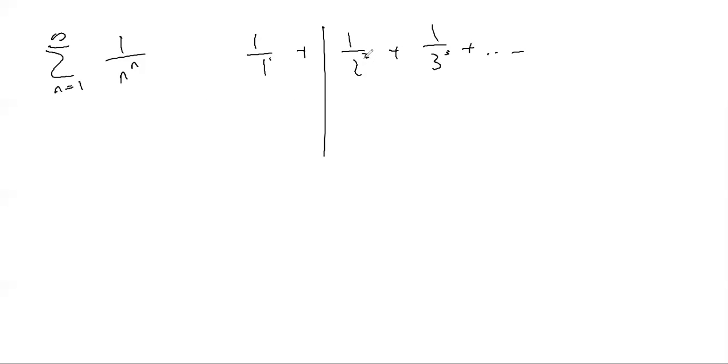The idea that I have for this, my intuition here, is that 2 squared is less than 3 cubed. So this term is less than this term, this fraction is less than 1 over 2 squared. And actually, there's a better way to say this.